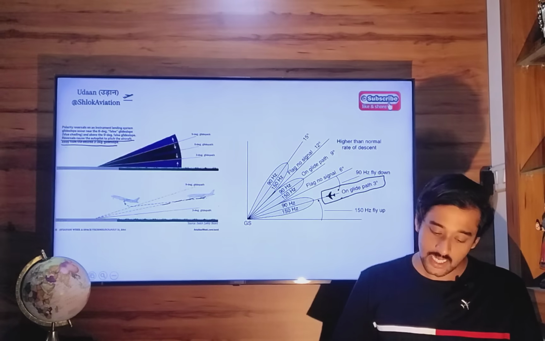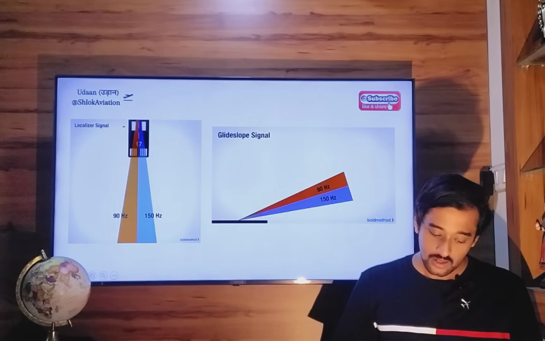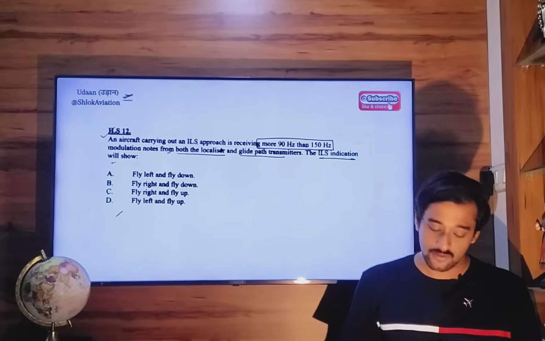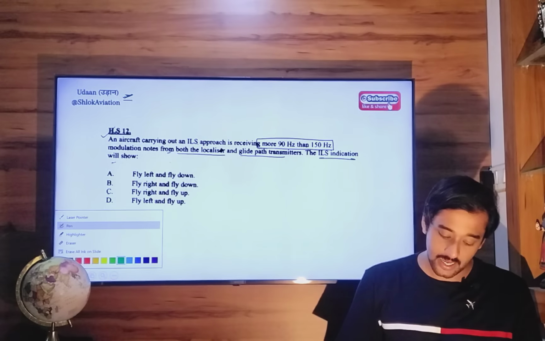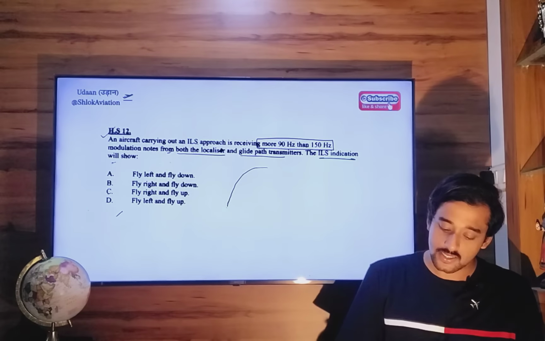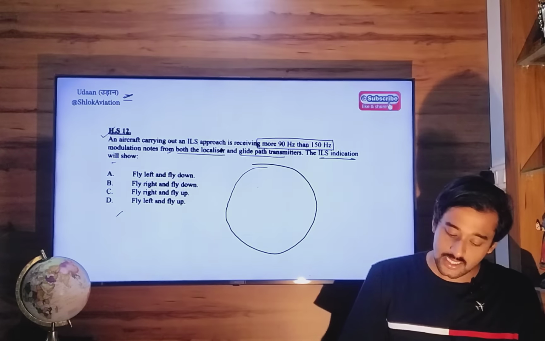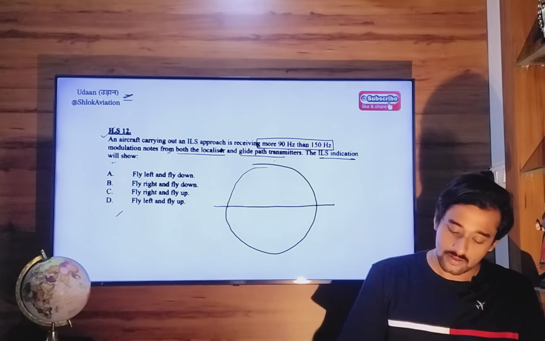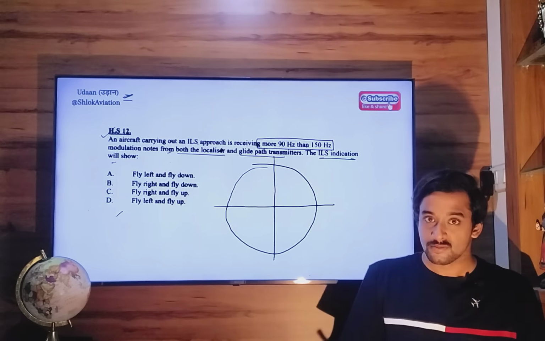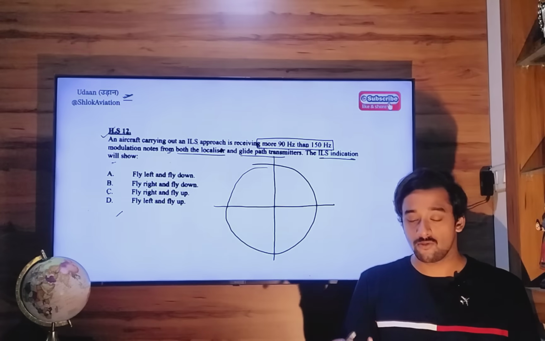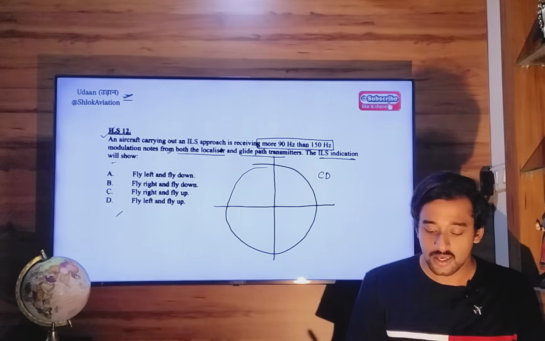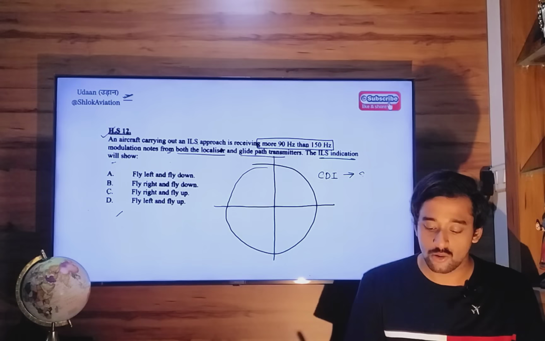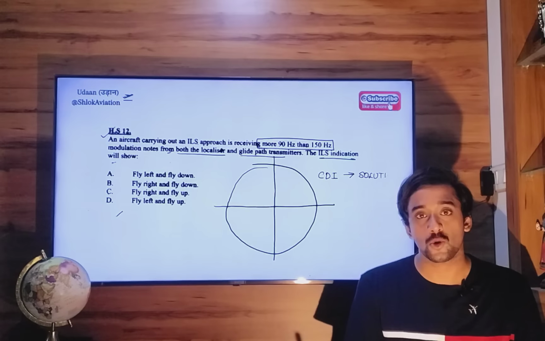Now your ILS indicator is just like your CDI indicator for OBS, right? It has this localizer needle and glide slope needle. The work of this CDI indication is to give you the solution to a problem.